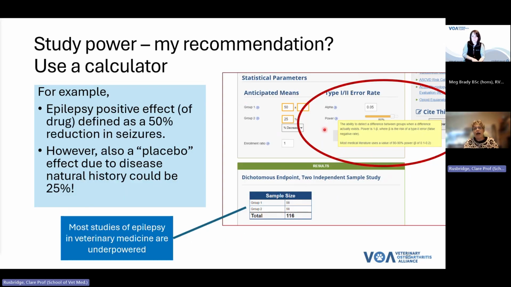And then we need to put in our type 1 and type 2 error rate. So this is basically your ability to detect a difference between the groups where there is actually a difference. And it helps you there because it says most medical literature uses a value of 80 to 90%. So we just set it to 80.